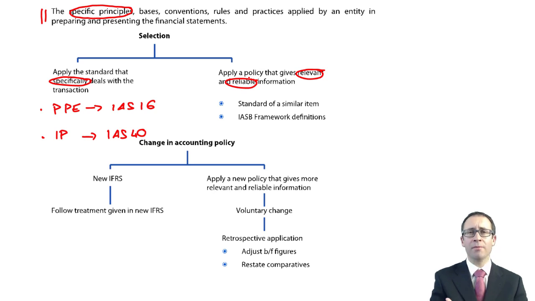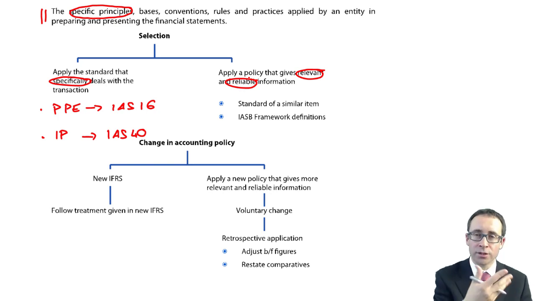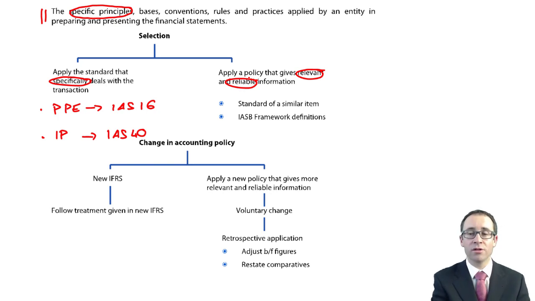And things are reliable if we focus upon the substance and the economic reality as part of faithful representation. So even IAS 8 is taking the specifics and applying them to the general standard that we have with regards to the framework. It's specifically telling you how to select an accounting policy using the principles from the framework to help you.